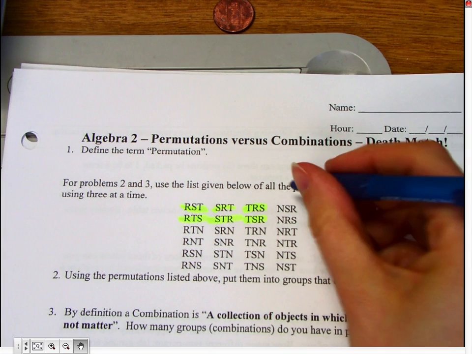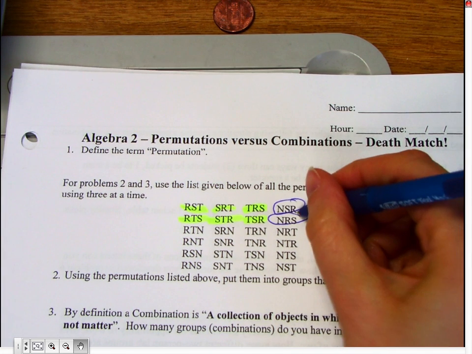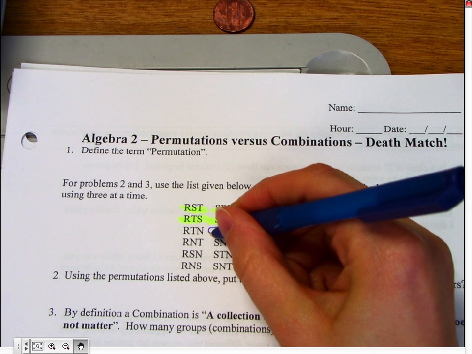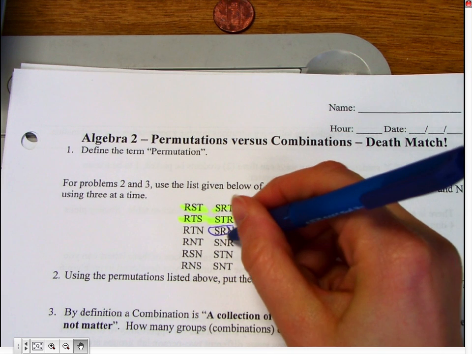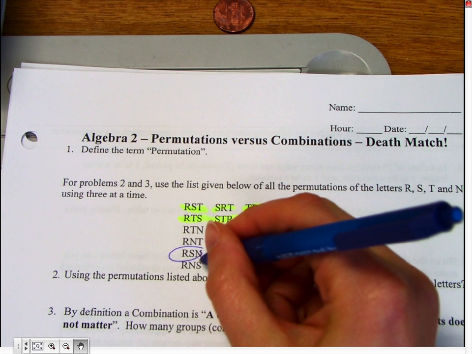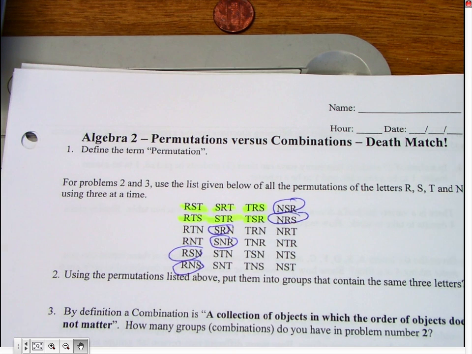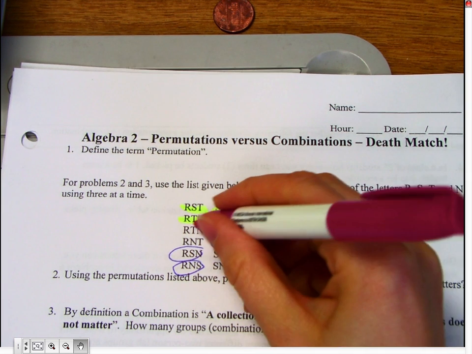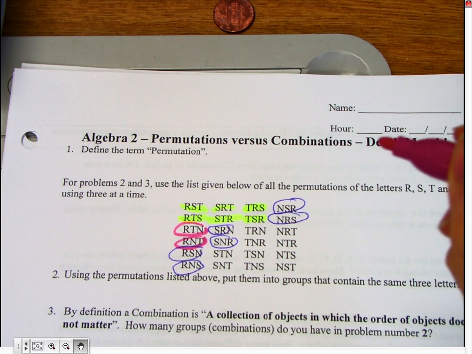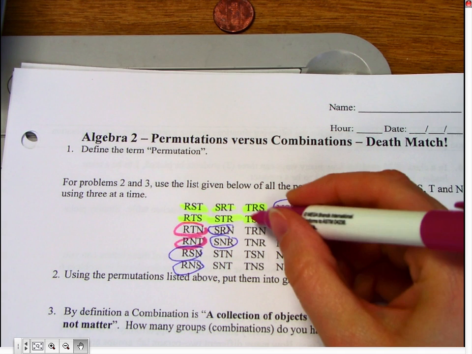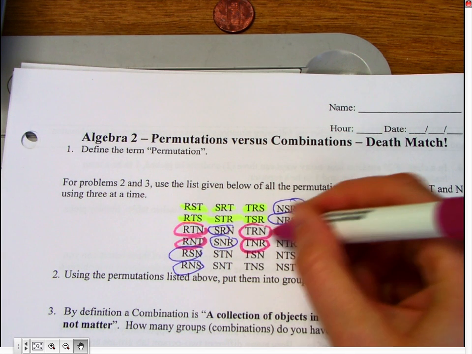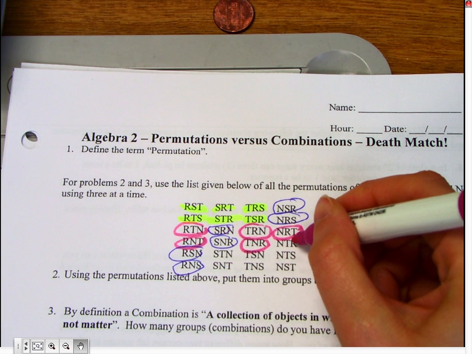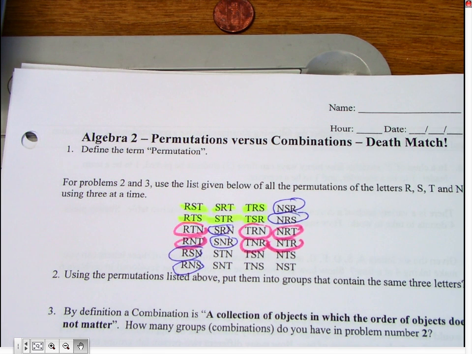This one has an N and an S and an R. So does this one, and this one, and these have N, S, and R. In a different color, I'm going to circle the ones that have R, a T, and an N. And finally, I'm going to circle the ones that have an S, a T, and an N.